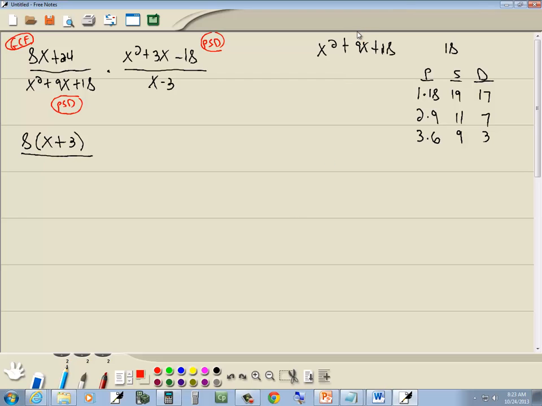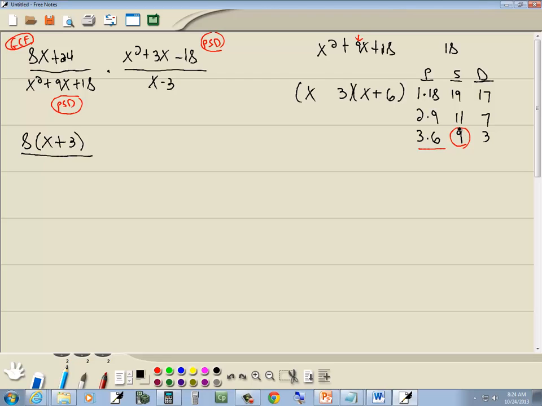Now, the number we're looking for is the number on our middle term, which is 9, right here, which means we use 3 and 6. Our larger number in the P column that we're using, which is the 6, will always be the same sign as the middle term. The middle term here in this problem is positive, so 6 will be positive.